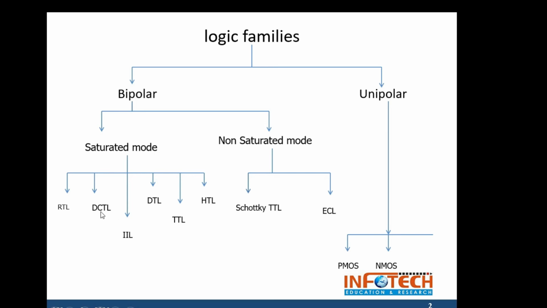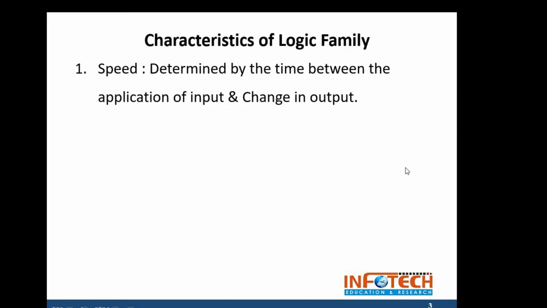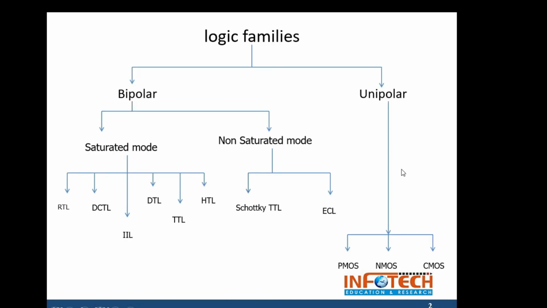First option may be saturated, second is unsaturated, third one is unipolar, and fourth one is none of these. You can remember by this tree diagram that direct coupled transistor logic, that is the DCTL, is a saturation mode. So if you know this tree diagram, you can easily answer that DCTL comes under the saturated logic family.